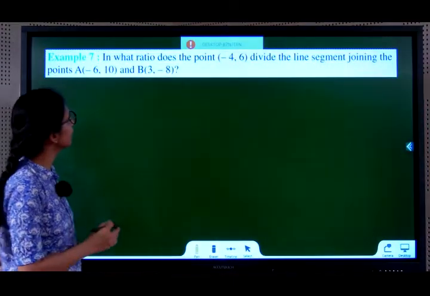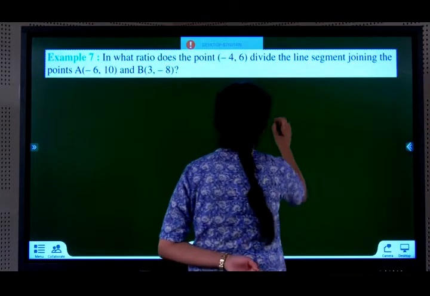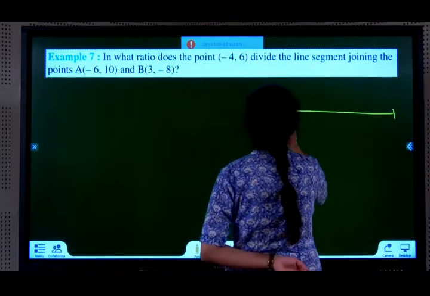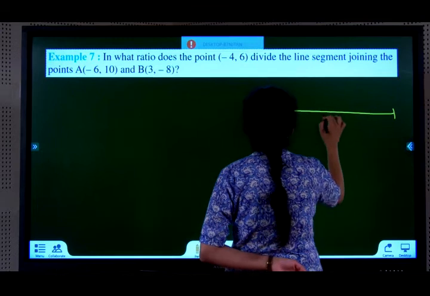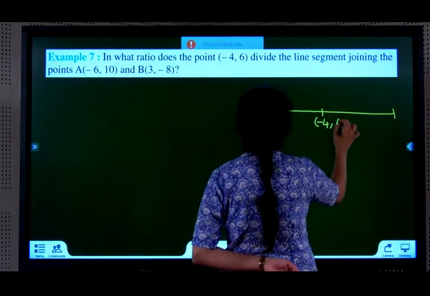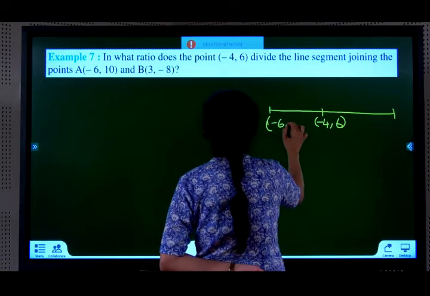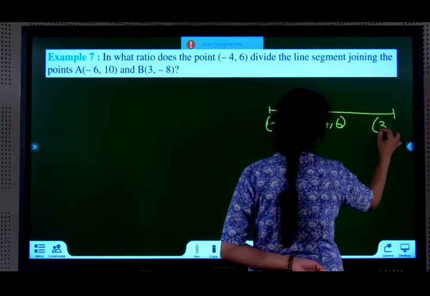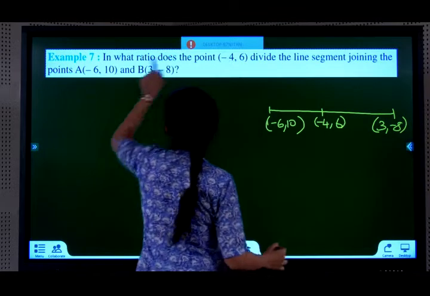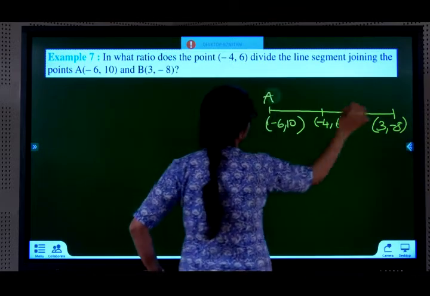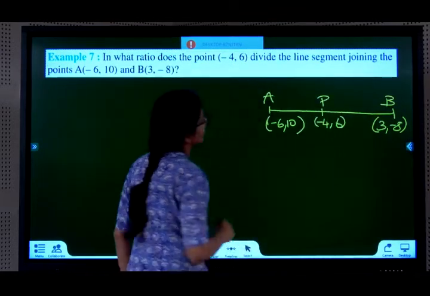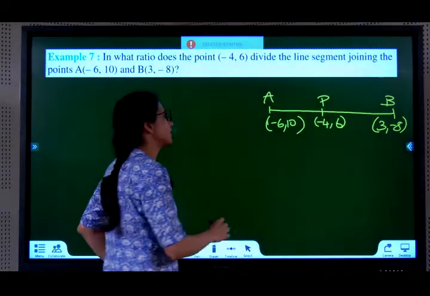Example 7, in what ratio does the point minus 4, 6 divide the line segment joining minus 6, 10 and 3, minus 8. This point is dividing this line segment. So, this is P. They are asking you what is m is to n.